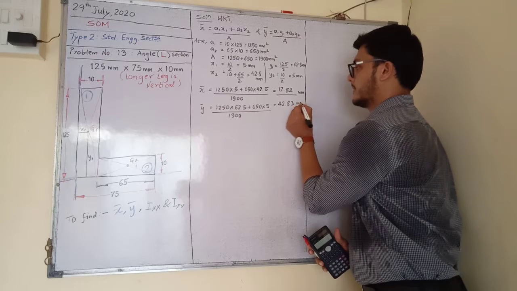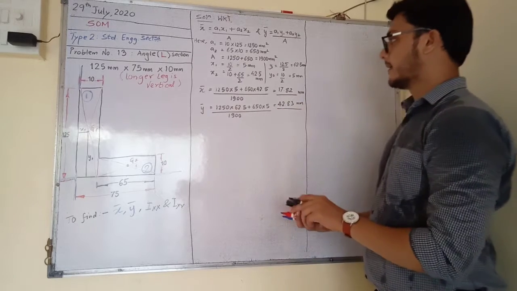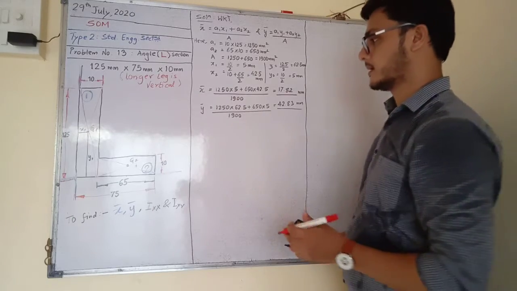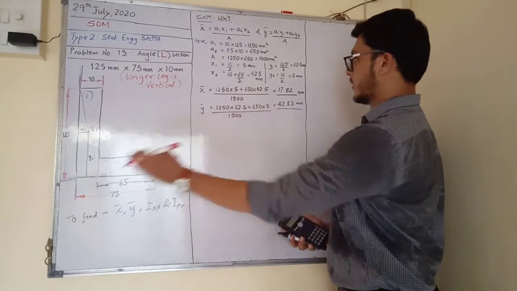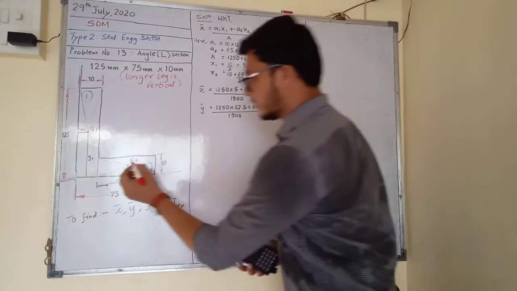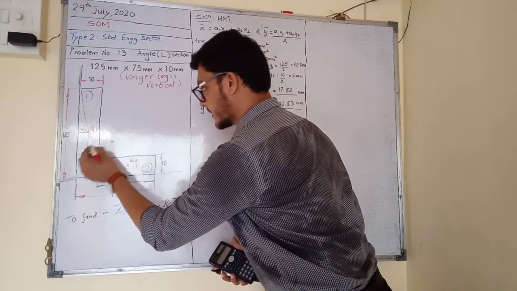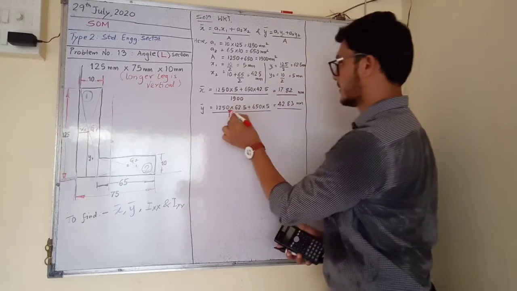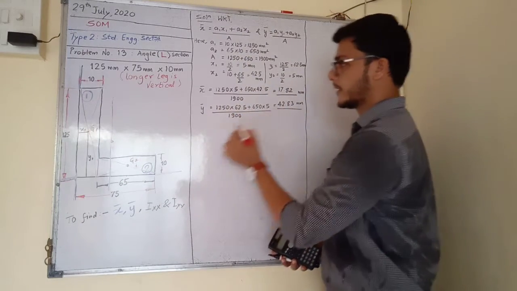42.83 millimeter. So I locate now this x bar and y bar. I'll show that here. So x bar horizontal distance is 17.82, so it will be somewhere here, and vertical distance is 42.83.